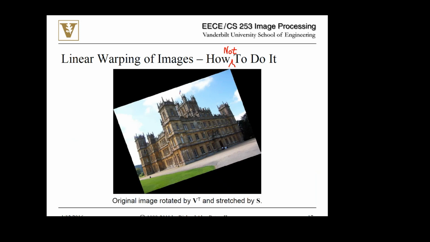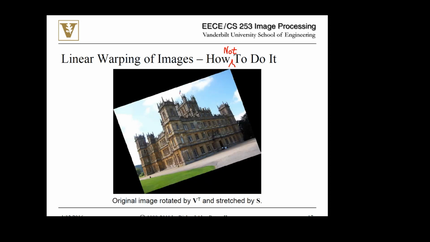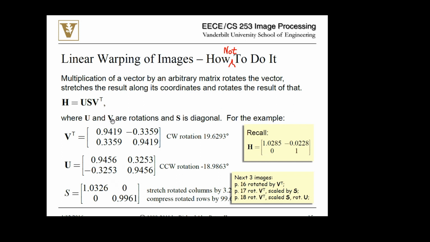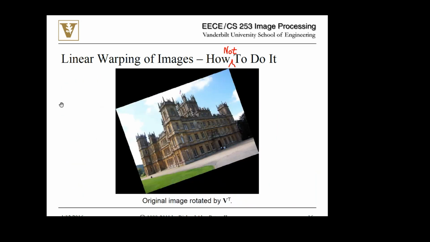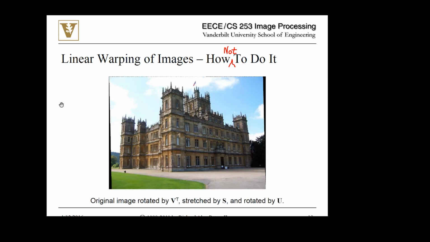Now we scale. Now we turn back. And this is already the rotation of this point. For any rotation H, whatever that is, it is always the rotation, then the scaling, and then the counter rotation. Always. So this generates something.